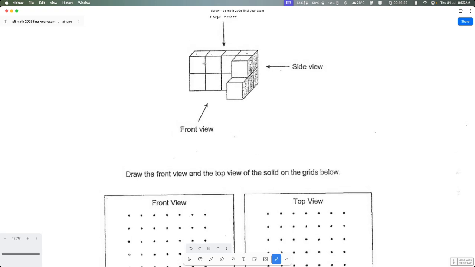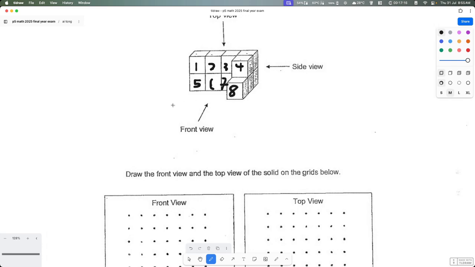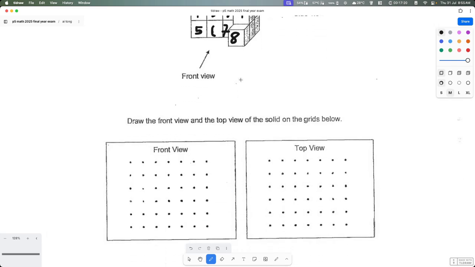So the front view is basically, if I were to use this, we have 1, 2, 3, and we have 4 as well, because of the front view. Same thing is 5, and then we have 6, then we have 7, and lastly we have number 8, as what you see over here. So that means it's just 8 cubes facing to the front.